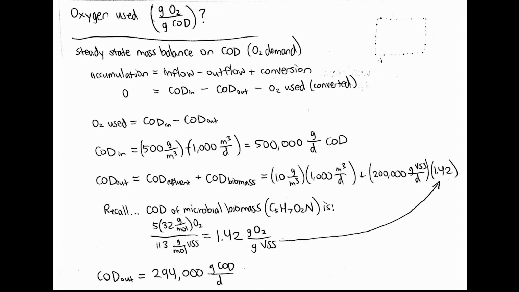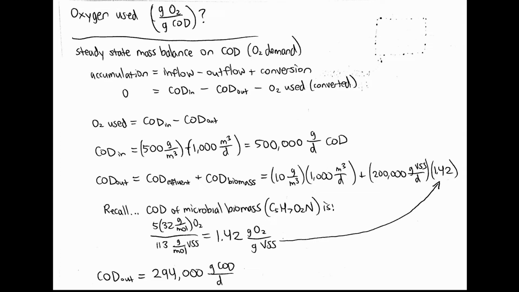We're going to multiply that by a value of 1.42. Now, where does that 1.42 come from? If you recall from previous slides, previously in the lecture, we calculated the ratio of oxygen per gram of VSS according to the stoichiometry of a hypothetical oxidation of microbial biomass, where we had C5H7O2N representing the microbial biomass.